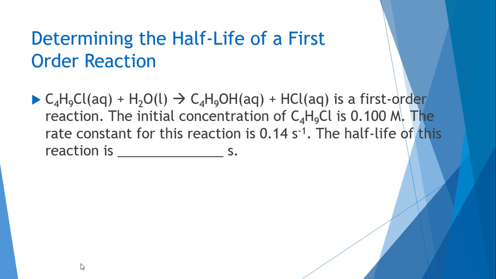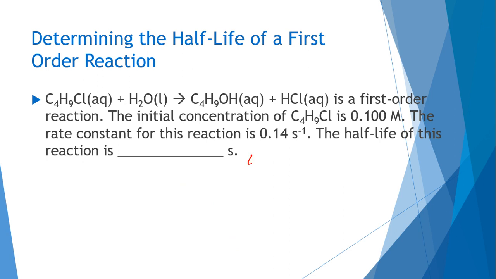Here I have another example of a half-life reaction, but instead of finding the rate constant, we're actually going to find the half-life. So again, it says the initial concentration is 0.1 molarity. The rate constant for this reaction is 0.14 seconds to the negative first power, and it's asking us to find the half-life.